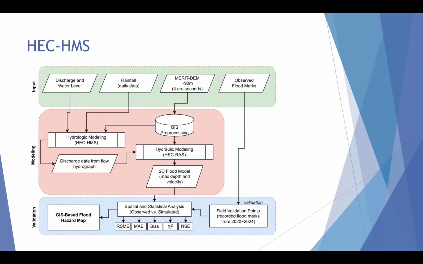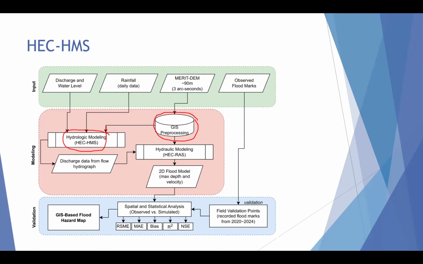Now moving on to HEC-HMS. I am just trying to put both HEC-HMS and HEC-RAS together. For HEC-HMS modeling, basically you require GIS data, your DEM, and also you may need to prepare this.